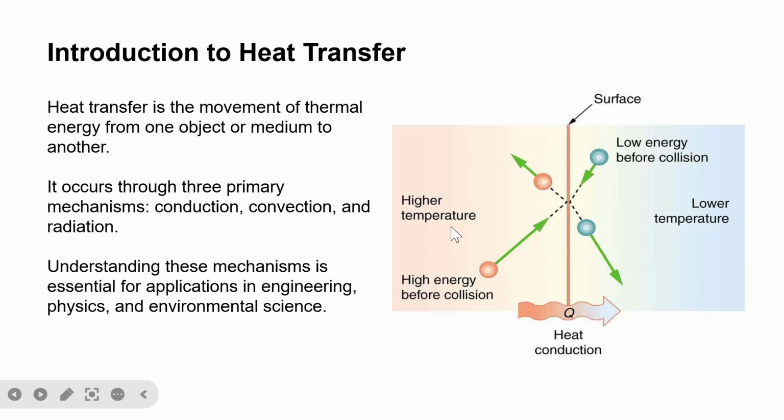Like for example, now let's look at this here. This is actually two different media. If you can see clearly, the temperature here is very high. When the temperature is high, there is a likelihood of high energy collision between the particles. And this is the surface, and this is the environment where the temperature is very low.